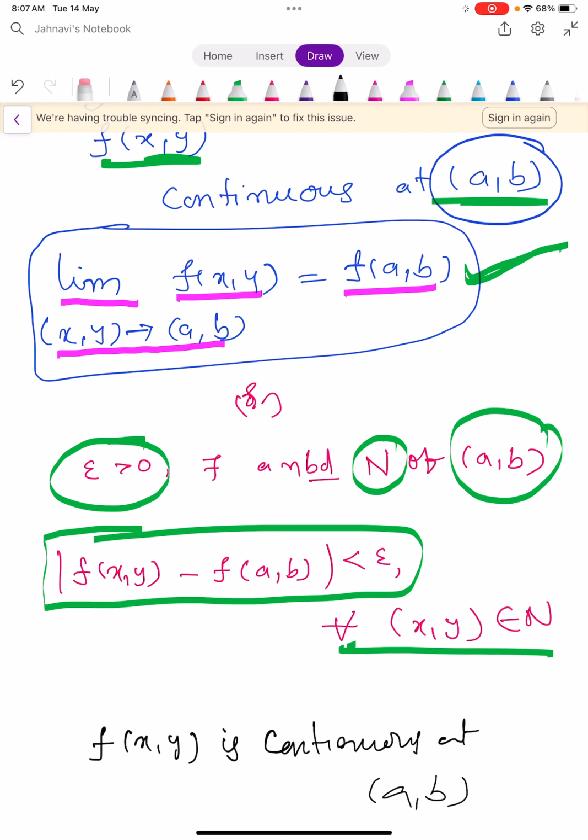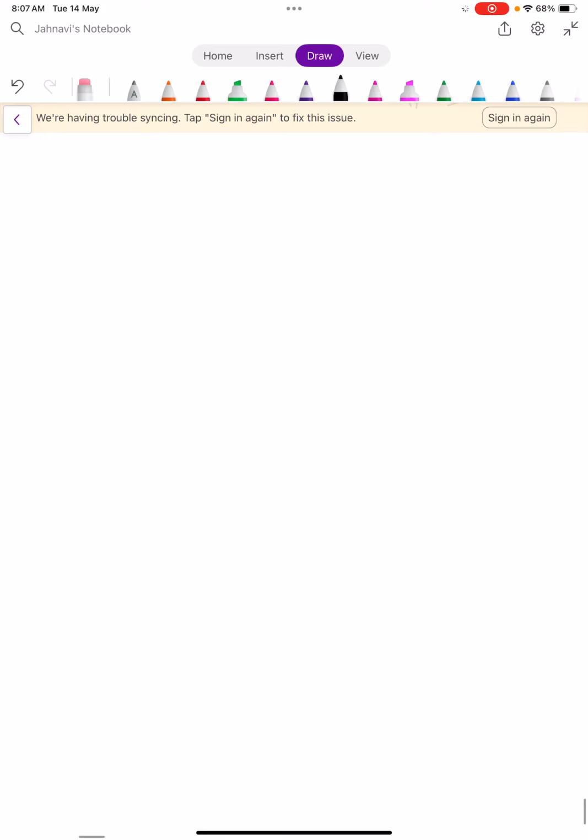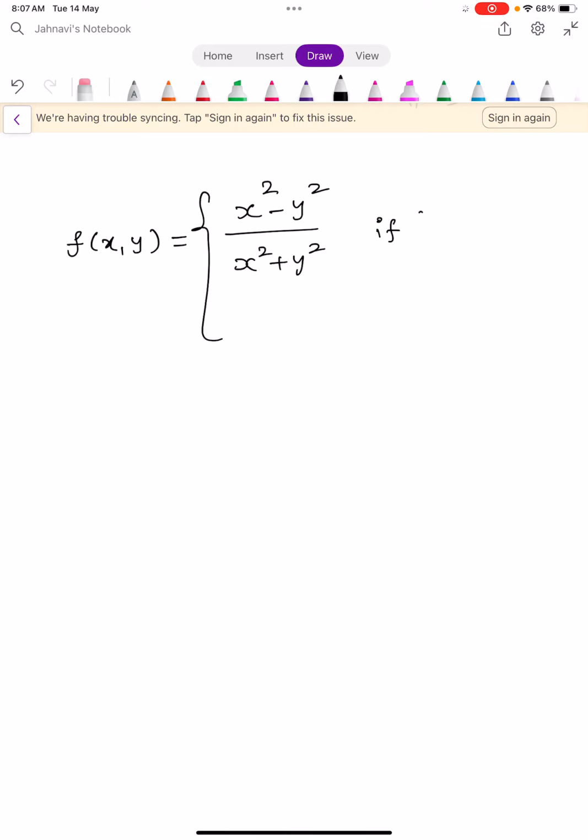Let us see some examples to understand this concept. Suppose f of x comma y is defined like this: x square minus y square by x square plus y square if the point x comma y is not equal to 0 comma 0, and 0 if the point x comma y is equal to 0 comma 0.